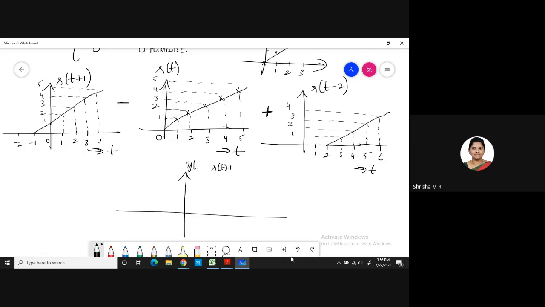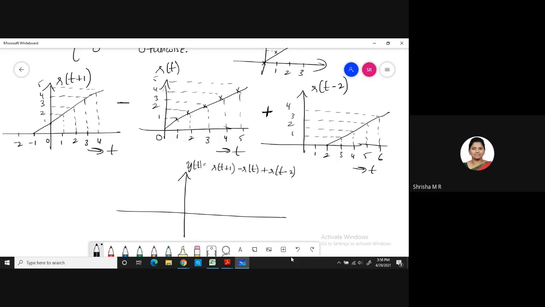So y of t is nothing but R of t plus 1 minus R of t plus R of t minus 2. You evaluate from instant.